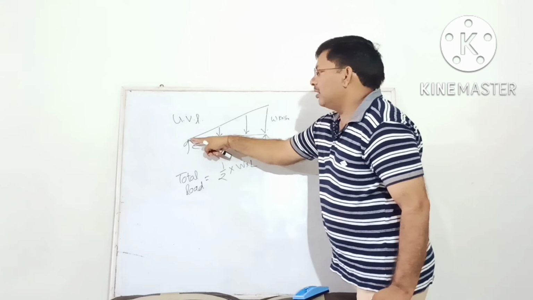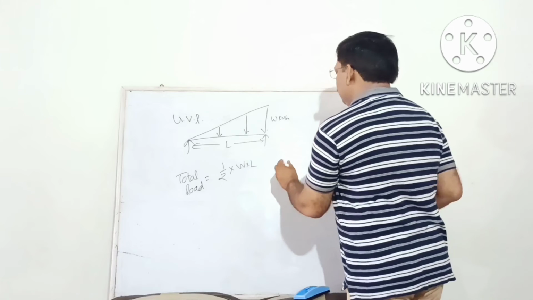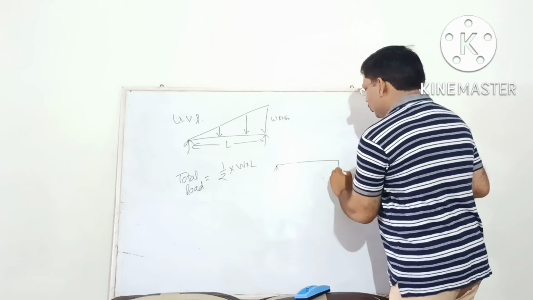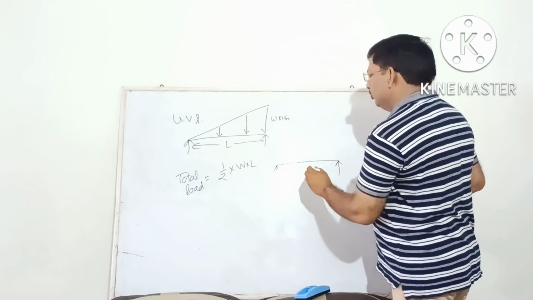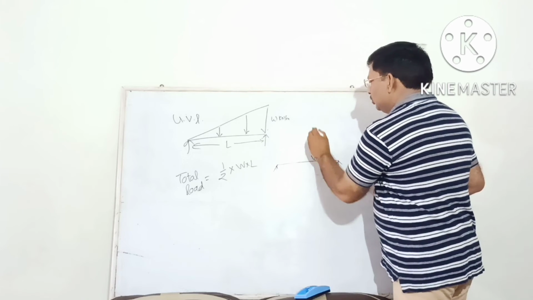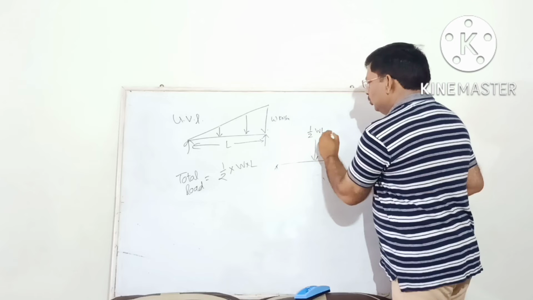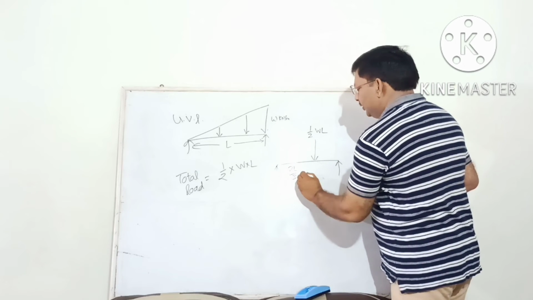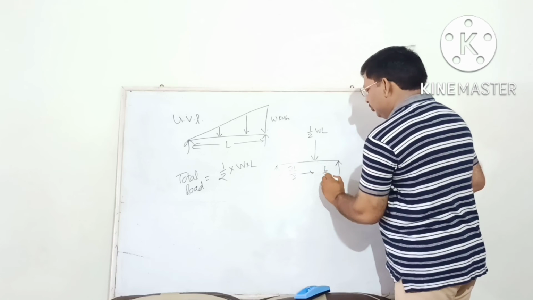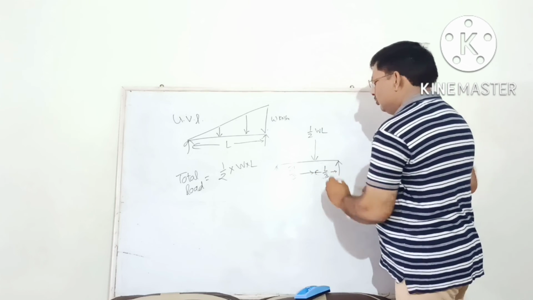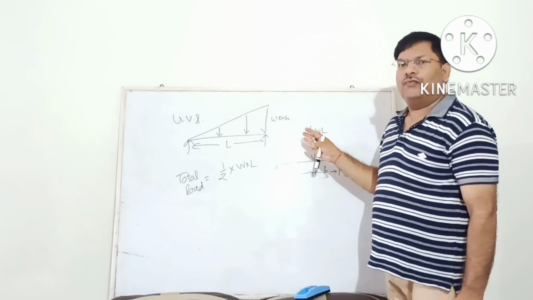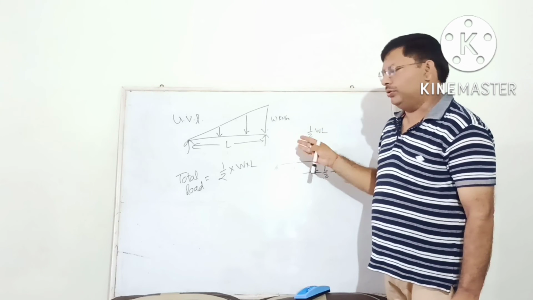You can see here we are having the vertex, so the total load will act at 2/3 of length from the vertex. Now we are drawing the free body diagram of this uniformly varying load. Here the total load is 1 by 2 WL, and it will act at 2L by 3 from vertex and L by 3 from the base. So in this way you can draw the free body diagram of uniformly varying load.